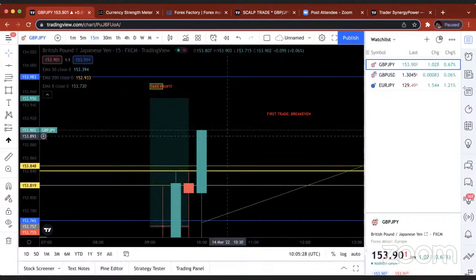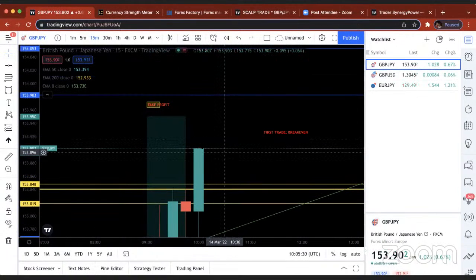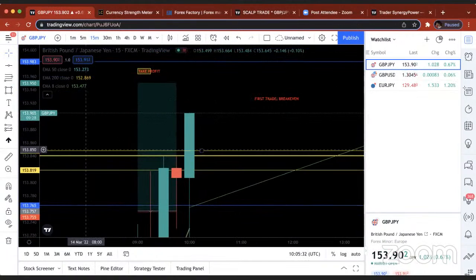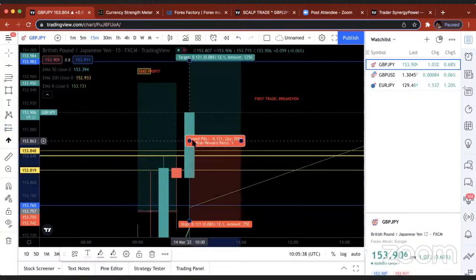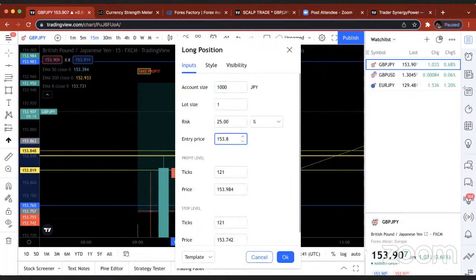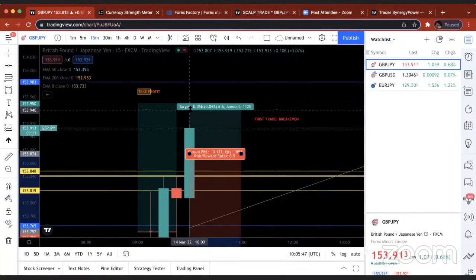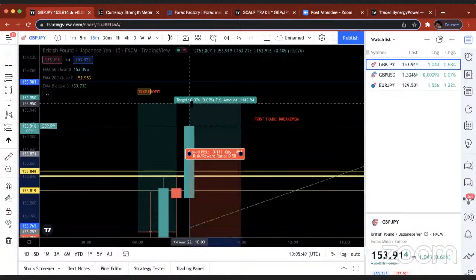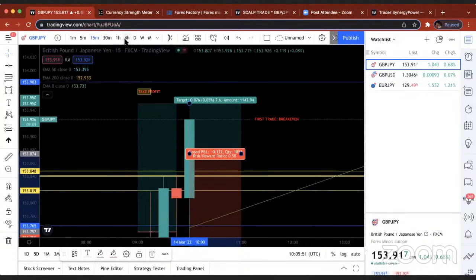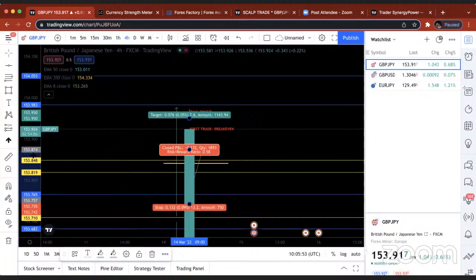If we would have stayed in, it would have been nice. But let's see where they got me in at. 53874. I got in right there. Now this was our original target, but it's only 7 pips. So this is where it gets a little fishy because now price could drive up.